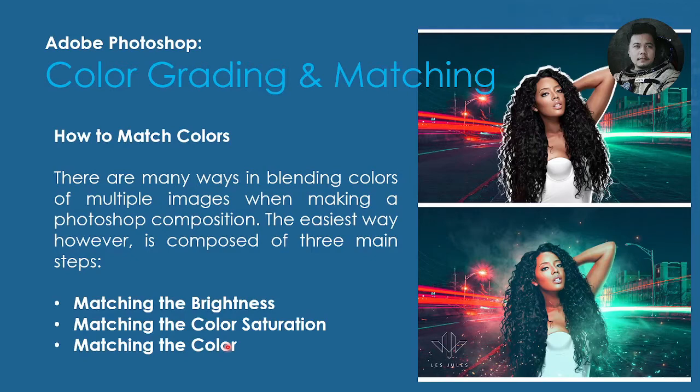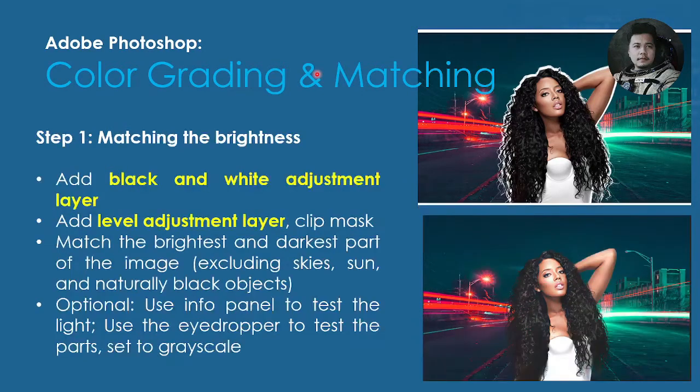Of course, there are other steps before you can finish your composition, but again, we're just talking about color grading and matching. So let's talk about the first step, matching the brightness. The first thing that we're going to do in matching the brightness of two images is to add a black and white adjustment layer.